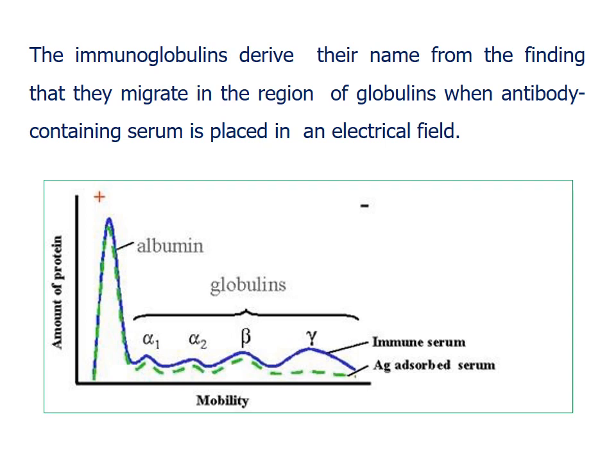Now, why are they called immunoglobulin? It has been observed that when an antibody containing serum is placed in an electric field for electrophoresis, the immunoglobulins, or these types of proteins, run with the globulin molecules.